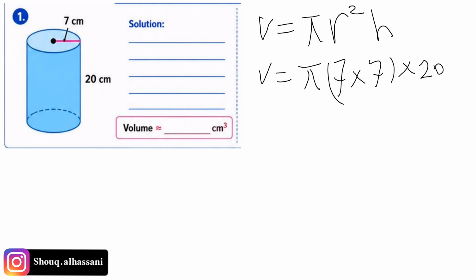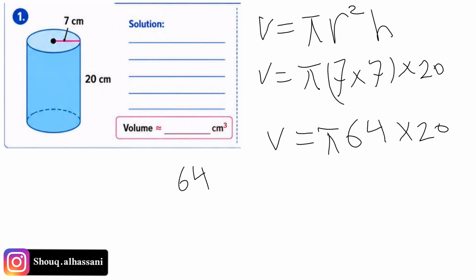So 7 multiplied by 7 is 49, multiplied by 20. So 49 multiplied by 20.